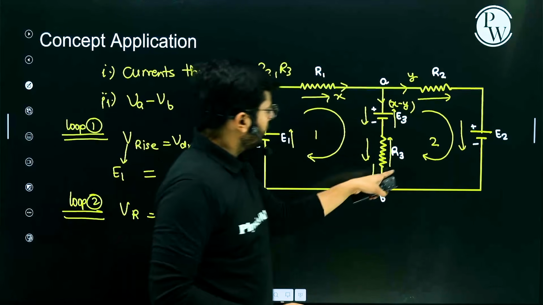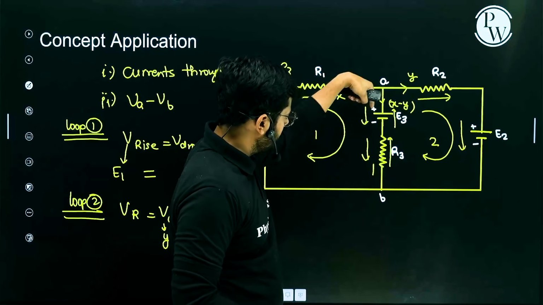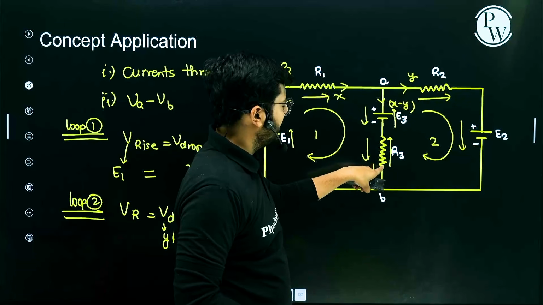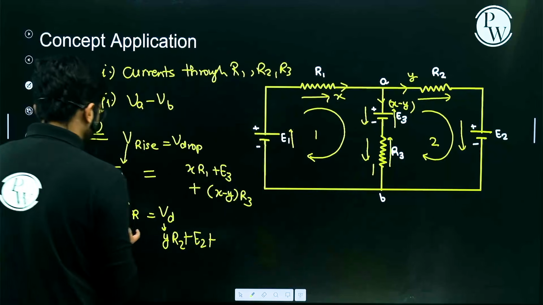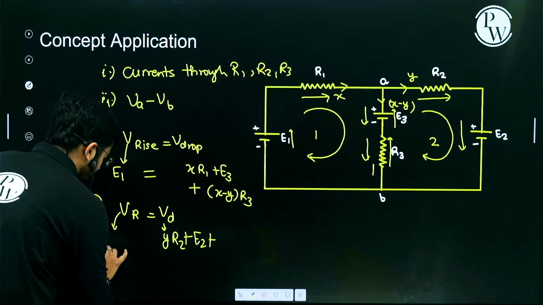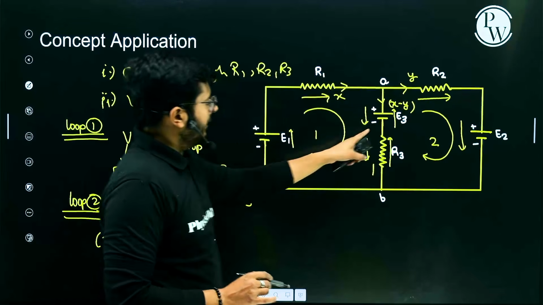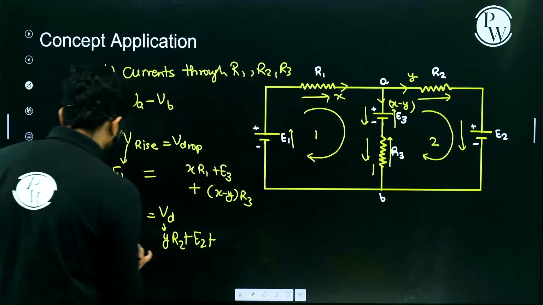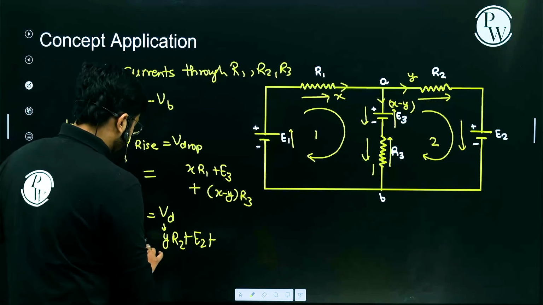Across this one, you are moving from lower to higher, the current is moving this way, and you are analyzing it in the other direction. So lower to higher, you will get the rise. How much? Current is X minus Y and the value is R3. So X minus Y into R3 will go on the rise side. And then you are analyzing this battery again from lower to higher, E3, so you will add it on the potential rise side. And that you have to equate.